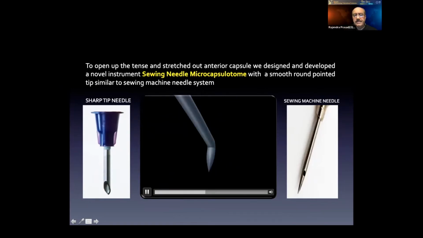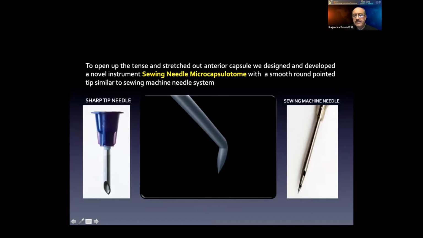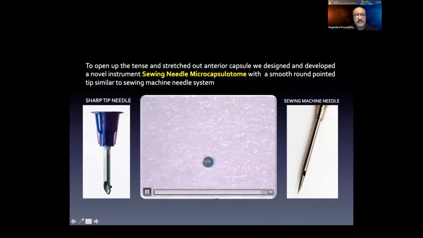Now this capsulotome has a round and pointed tip, similar to the sewing needle, unlike the hypodermic needle. So here the tip is round and pointed. When you puncture, you can create a hole in the anterior capsule with this device.